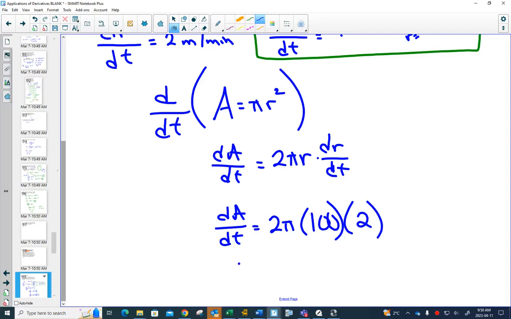And I multiply this all out. This will be 400 pi. And what's our unit here? Area is meters squared. Time is in minutes.